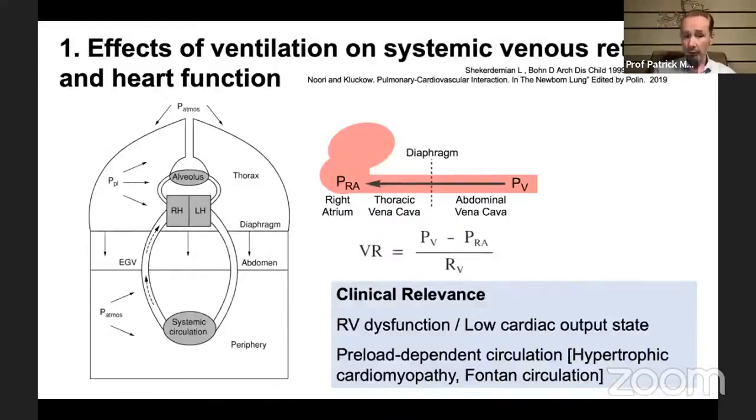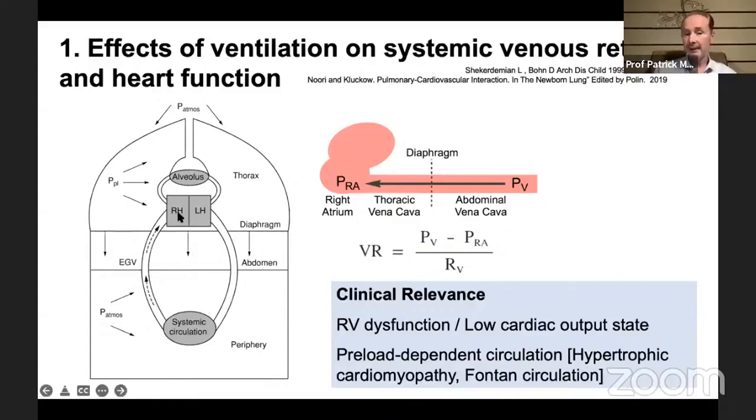Well, what we know is that systemic venous return is dependent on a pressure gradient between the extrathoracic vessels and the right atrium, such that during normal spontaneous breathing, as the diaphragm collapses, abdominal pressure will rise and pleural pressure will fall, leading to normal passive blood return into the right atrium.